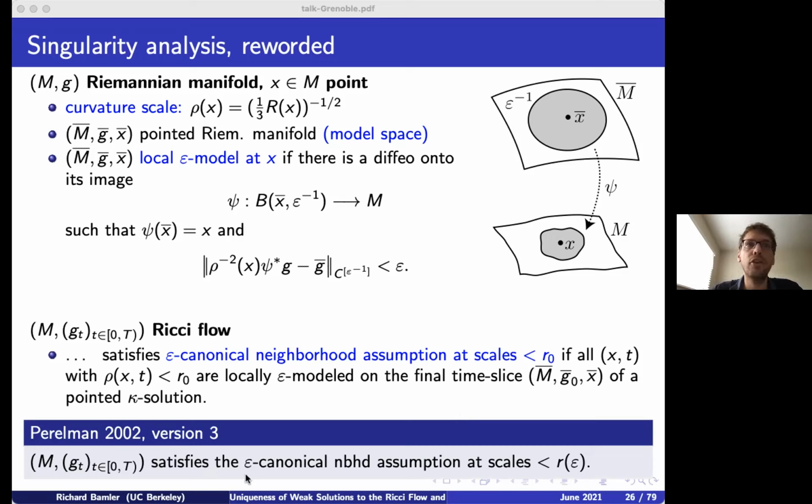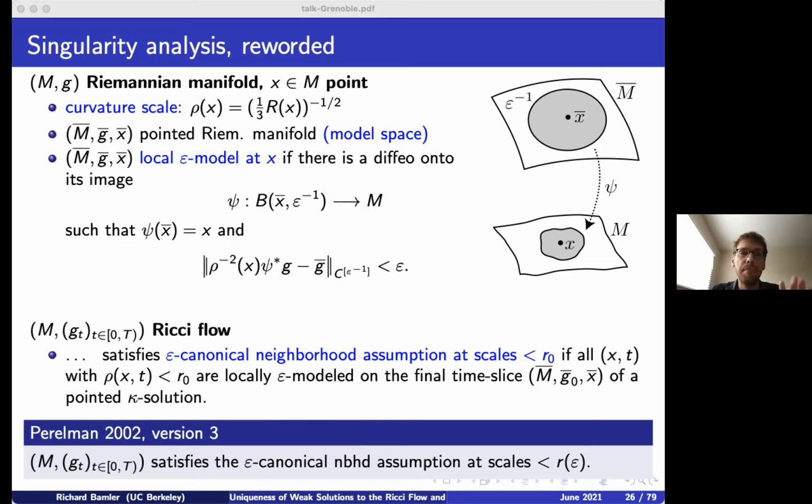And so no matter how small I make epsilon, if I look at points whose curvature scale is very small, i.e. where the curvature is very large, Perelman could show that the neighborhood of these points looks close to a kappa solution and therefore is close to a neck, like a cylinder or a Bryant soliton and so on. So this is somehow the nicest way of stating Perelman's result.